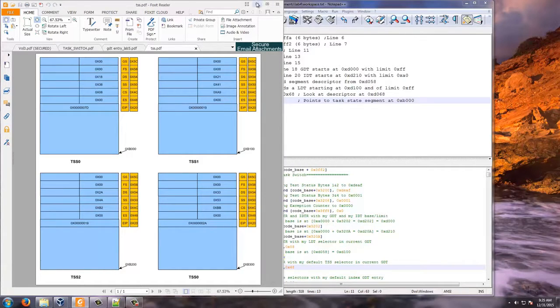For the first task, the values for CS, SS and all these things will be initialized by the operating system. And when there is a context switch, then this TSS 0 will get filled with the relevant values.